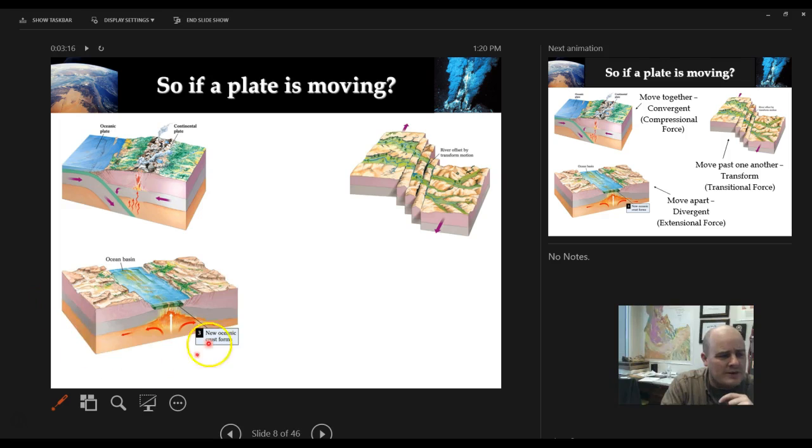Now the last one here is your divergent plate boundaries. Coming together is convergent, sliding past one another is transform, and the last one is divergent, where they're going apart. If you have magma down below with added heat and it's rising, what's happening to pressure? Pressure is going down.